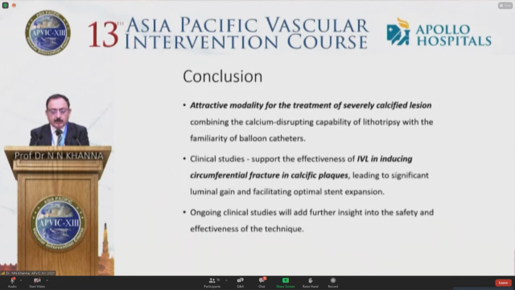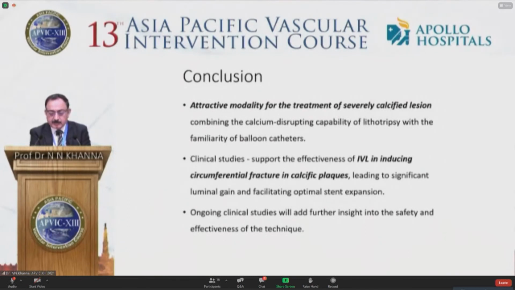And this may also be a good tool to treat vessels, especially long lesions in infrapopliteal, popliteal, and SFA lesions, where we are trying to do good dilatation, atherectomy, and follow it up with drug delivery by drug-coated balloon.